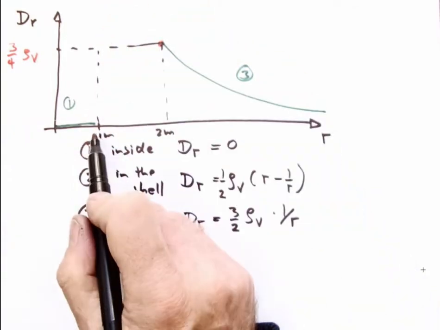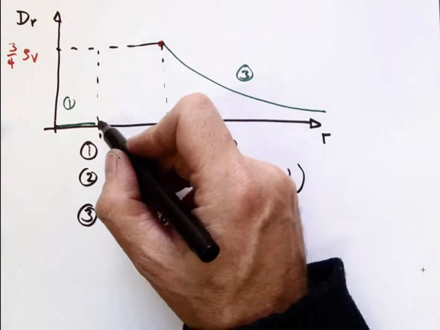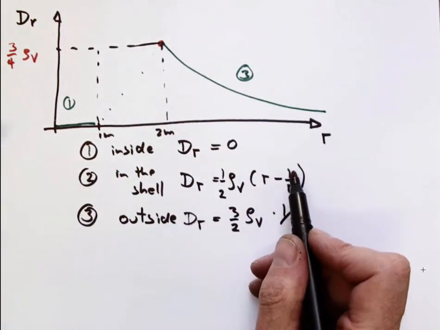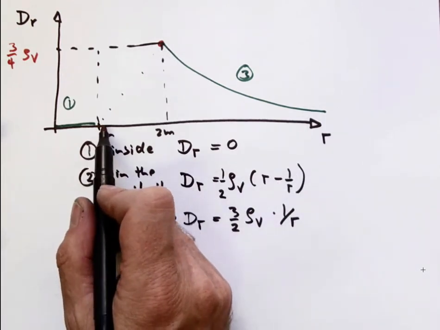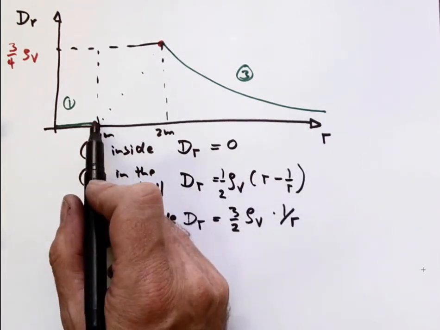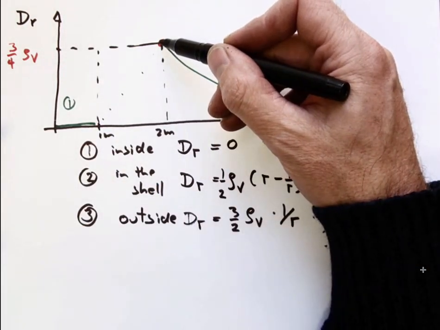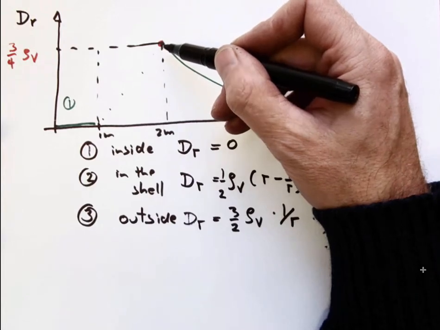And between 1 meter and 2 meter we're increasing almost linearly, but then we're subtracting something which depends on r, 1 over r. So here we're subtracting 1, so 1 minus 1 gives us 0. And here we've got 2 minus 1/2, which gives us 3/2.